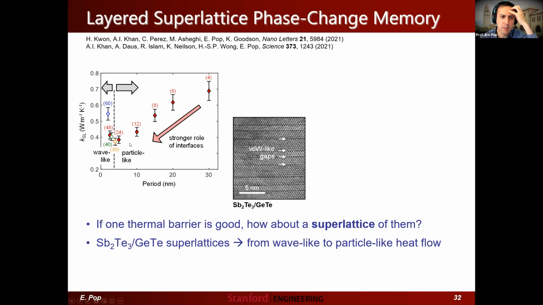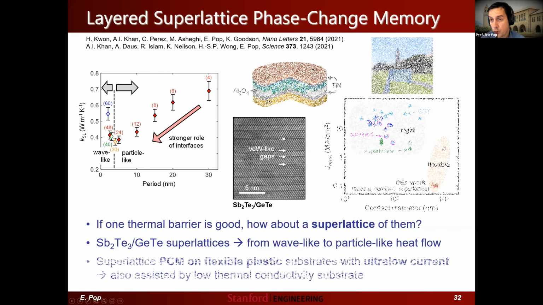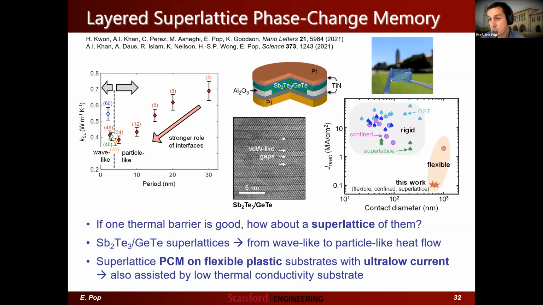And so the thermal conductivity of these superlattices is quite low as a function of superlattice period here. That's the plot. In fact, we've seen evidence of wave-like thermal transport versus particle-like thermal transport in these antimony telluride, germanium telluride superlattices. And then we took this one step further and we used it to build superlattice phase change memory.